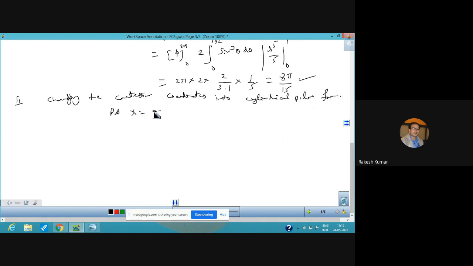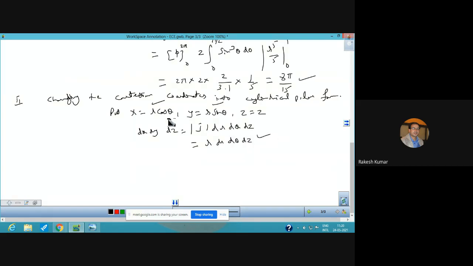Put x is equal to r cos theta, y is equal to r sine theta, and z is equal to z. And your dx dy dz will be the Jacobian dr d theta dz. The Jacobian of x equals r cos theta, y equals r sin theta will be r dr d theta dz.